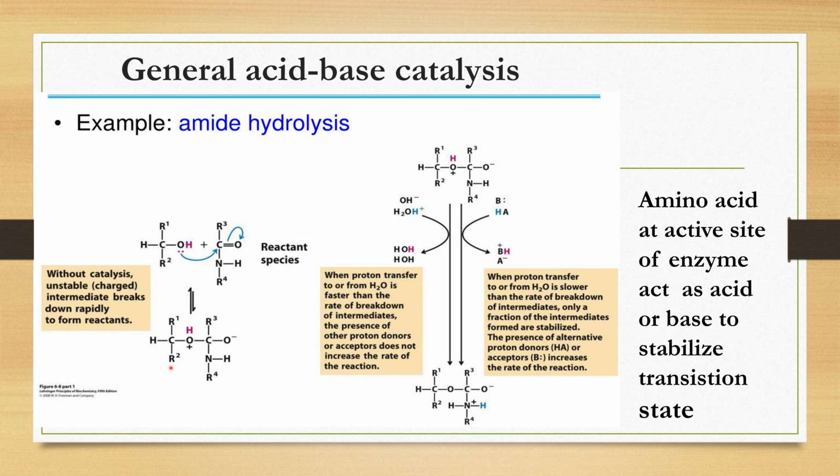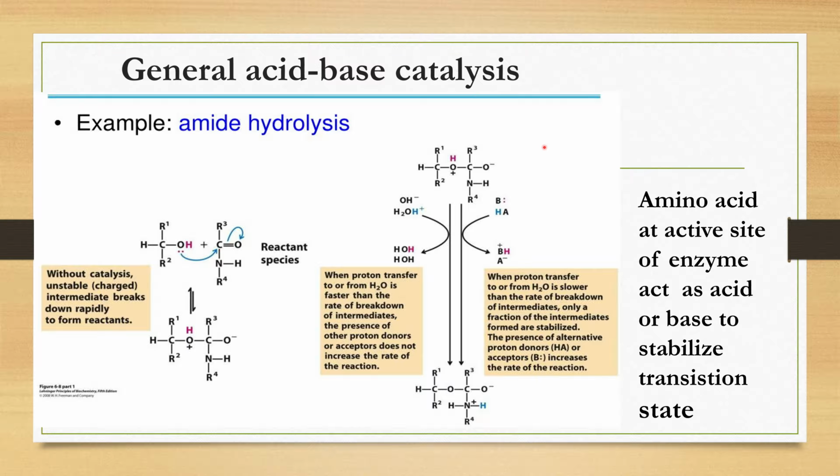So this transition state is unstable and it will be converted back to your reactants. Now, in the presence of enzyme, what is happening? This is your transition state, and it is formed in the active site of your enzyme.